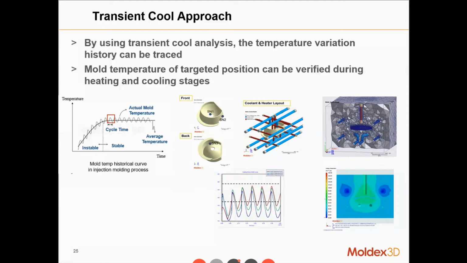It means that during the injection, during the fill, pack, and cool, the mold temperature distribution will be set to this average temperature. But when we use the transient cool approach, you can clearly see the progression of the temperature inside the mold throughout the whole cycle, throughout the fill, the pack and cool, as this GIF file demonstrates.